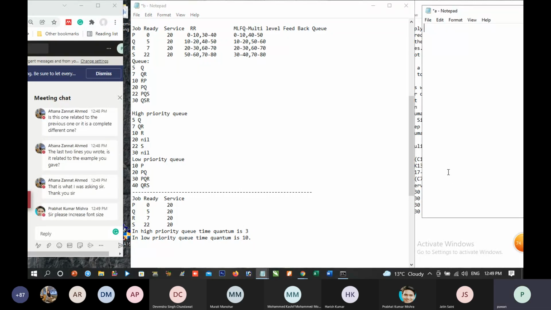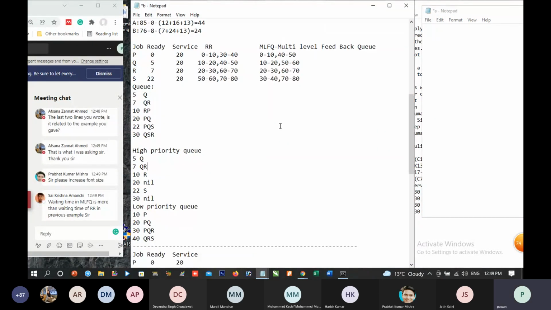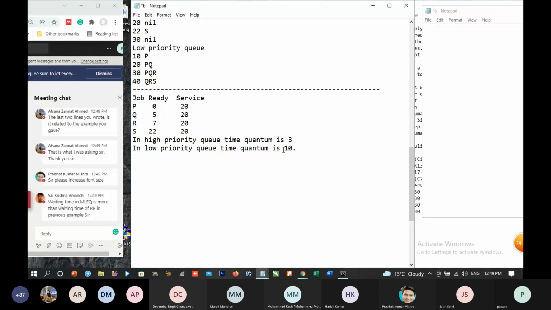Yes, I am increasing it. Now, let us see, different time quantum.